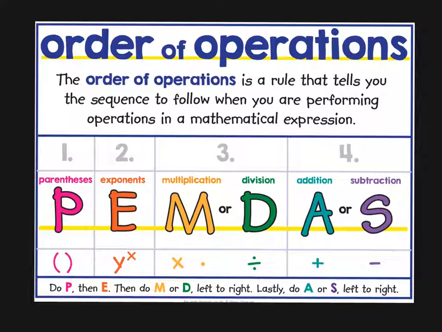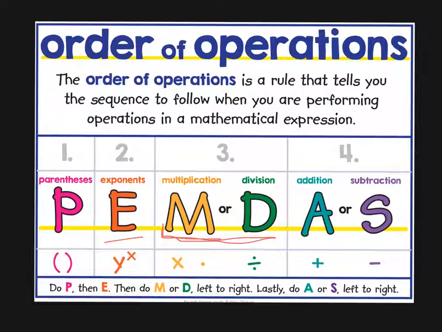Here's this page again. The order of operations is a rule that tells you the sequence to follow when you are performing operations in a mathematical expression. So we first start off with parentheses, then we go to exponents, which we just learned about in 1-2. Then we do multiplication or division.